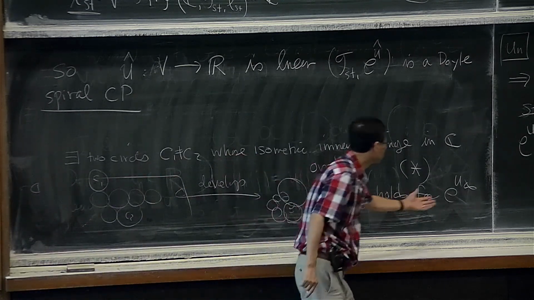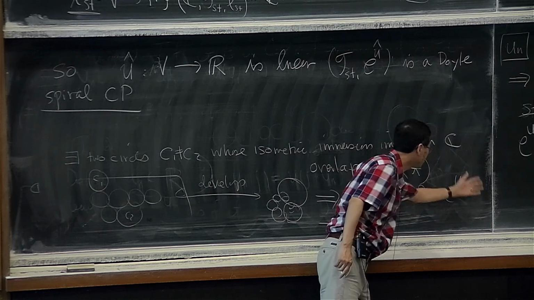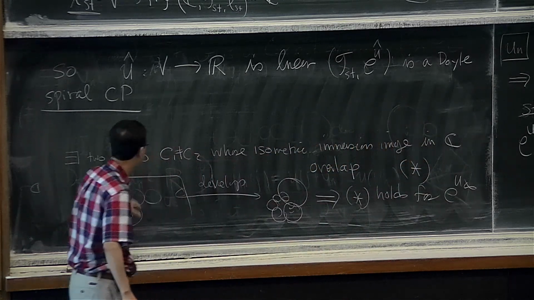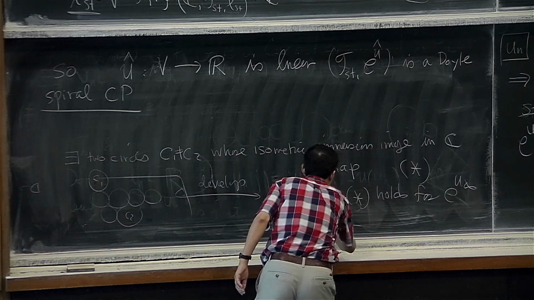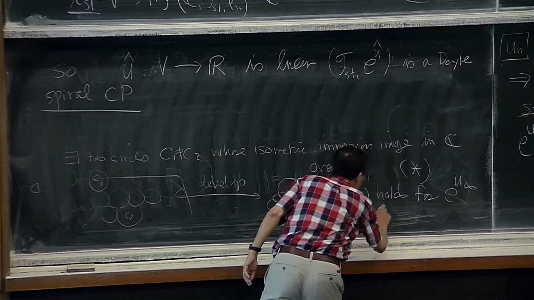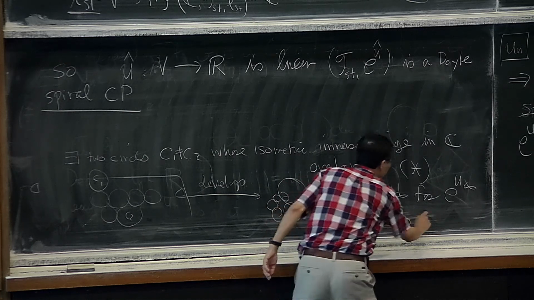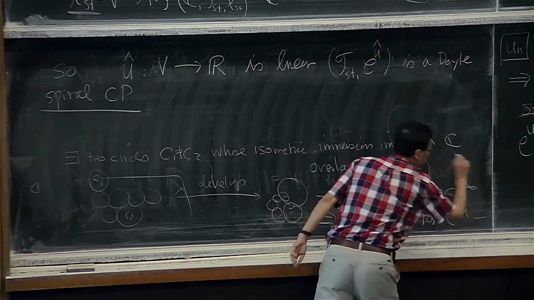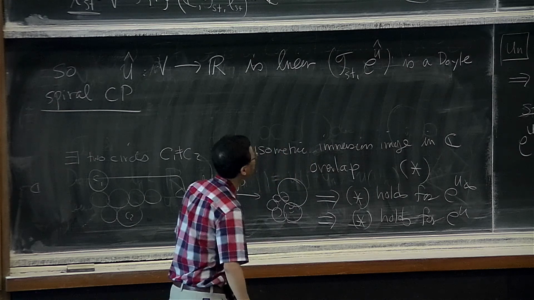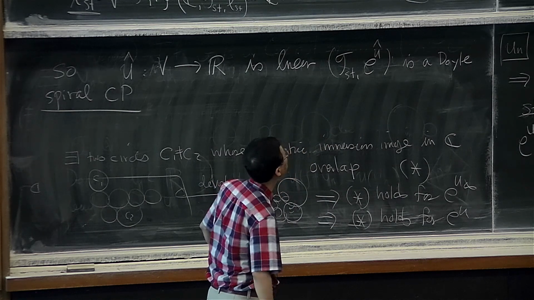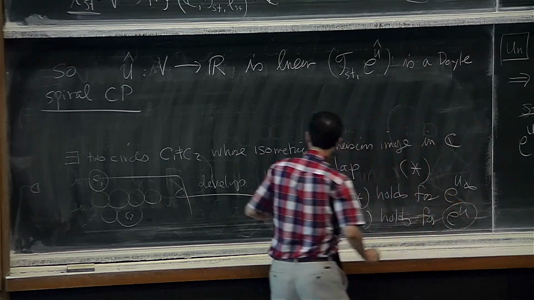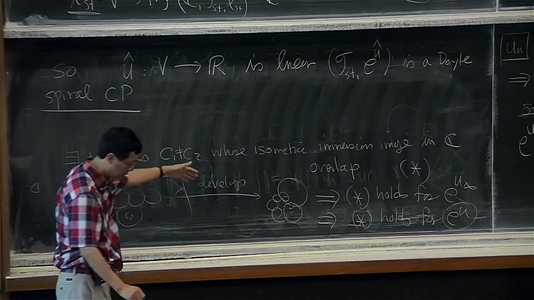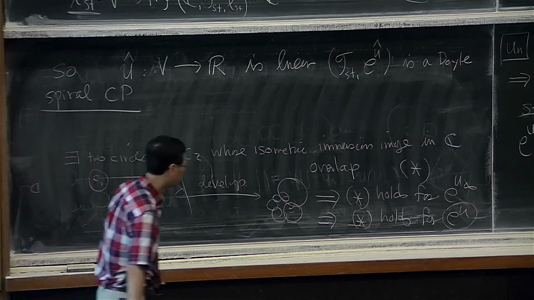And now you repeat, and so this flat circle packing sends two circles to two circles with overlapping images, and so you repeat this process. This holds for e to the u, for the original one. Okay, and that's impossible because that's what we assumed, that for this one the development map is in fact an embedding. Okay, and so that's how we proved it.